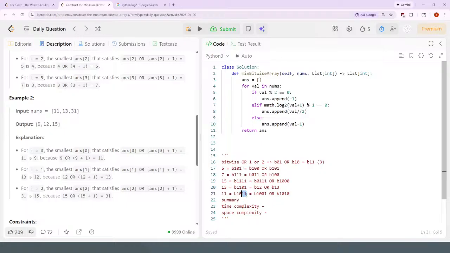So in this case it'd be 1, and then 1 more than that, which would be 2.